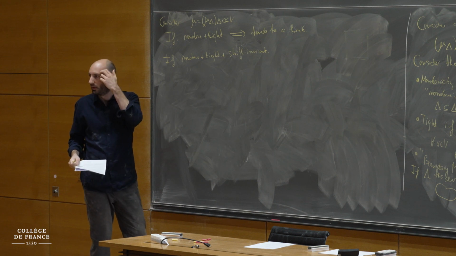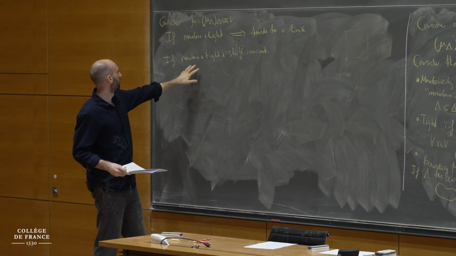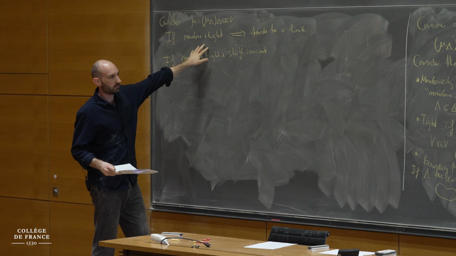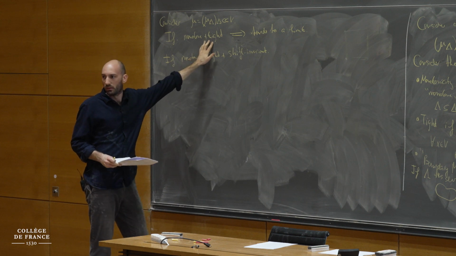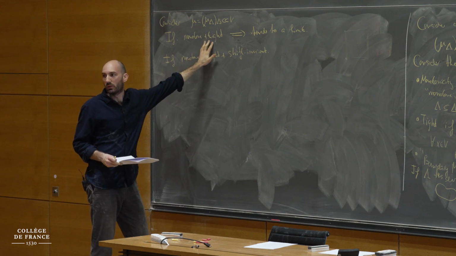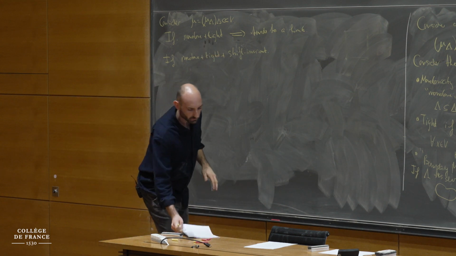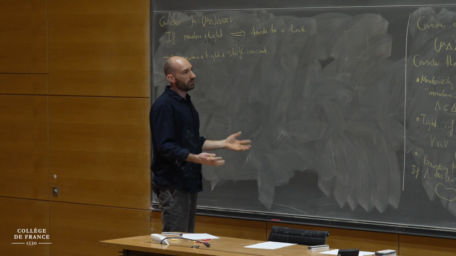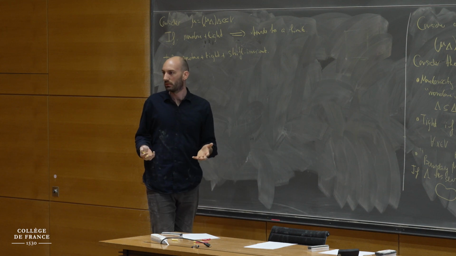What's interesting here is that if you tend to a limit, it doesn't depend on how you take your domains. So for example, if your model has a symmetry, if your graph has a symmetry, then this limit is going to preserve this symmetry.